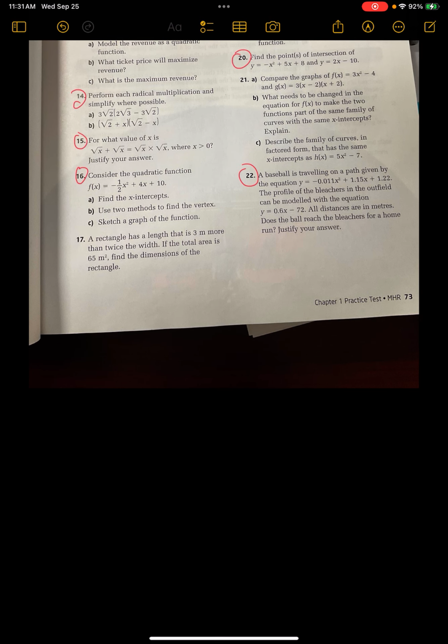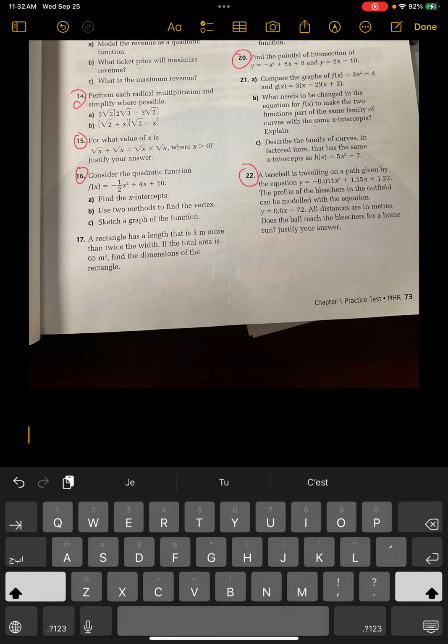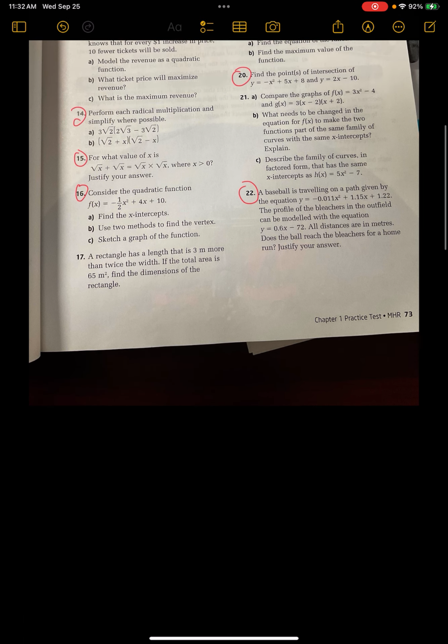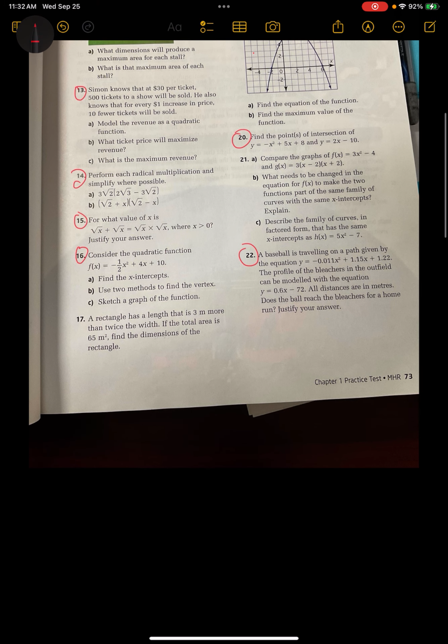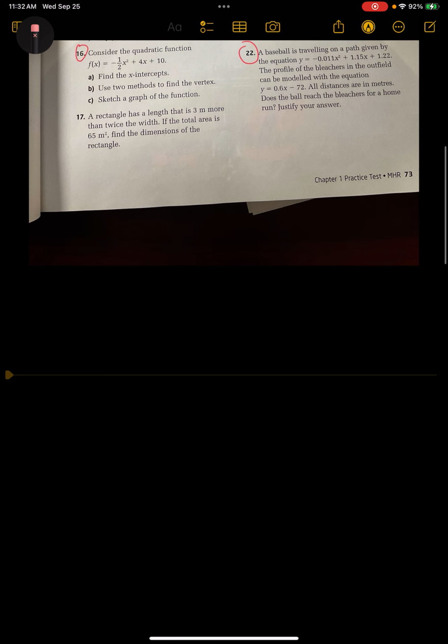So we're looking at question 16, and 16 says to consider this function, f at x. It says consider the function f at x equals minus half x squared plus 4x plus 10. And it says find the x-intercepts to start.